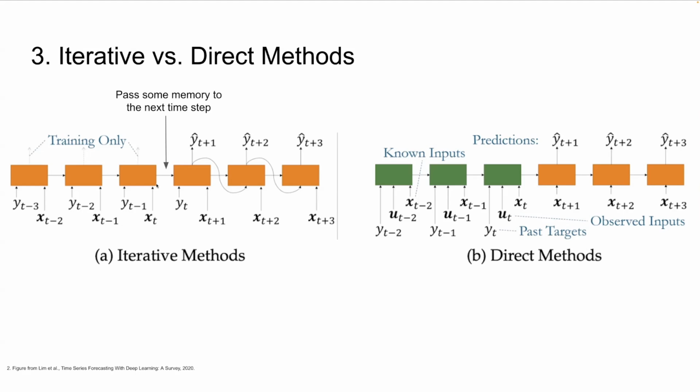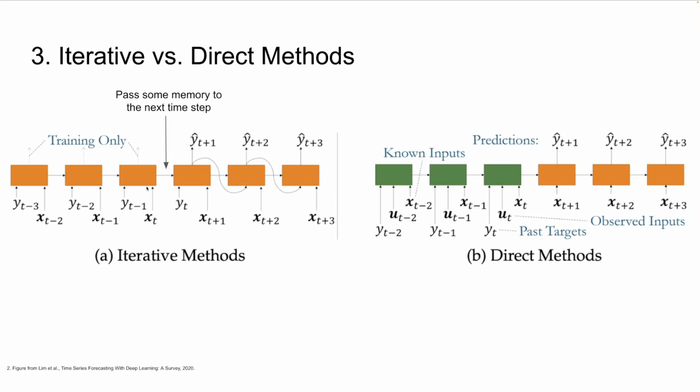then we only predict one time step at a time. So in this figure, our context length is 3, and we still want to predict 3 time steps ahead.